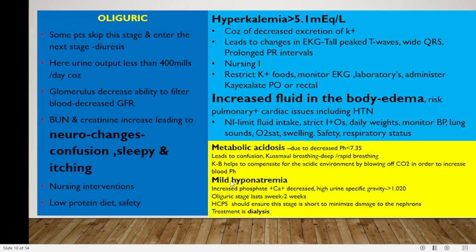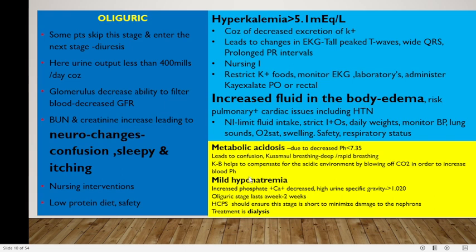What about mild hyponatremia? Mild hyponatremia also results from this. Remember we have more fluid being retained, and you know sodium loves water. So where there's more water, there is less sodium, resulting in mild hyponatremia, low sodium levels.